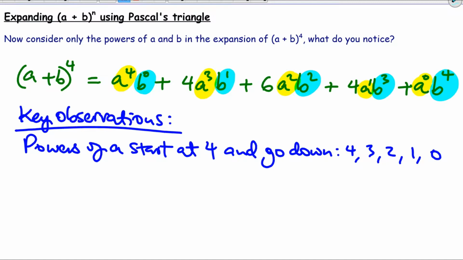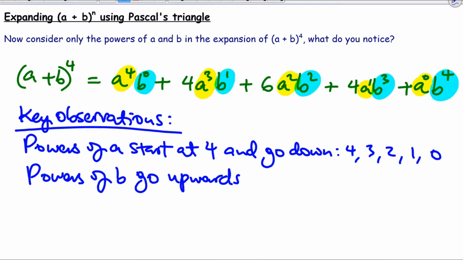So we can generalize and say that the powers of b go upwards, starting from 0 to 1 to 2 to 3 up to 4.